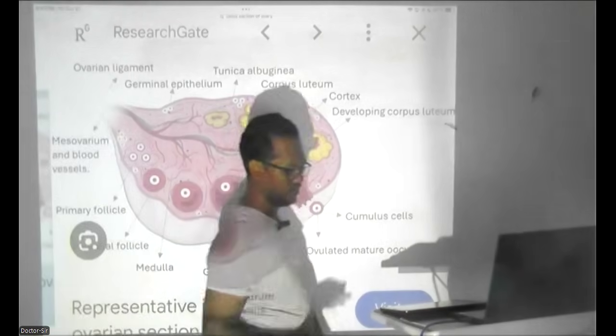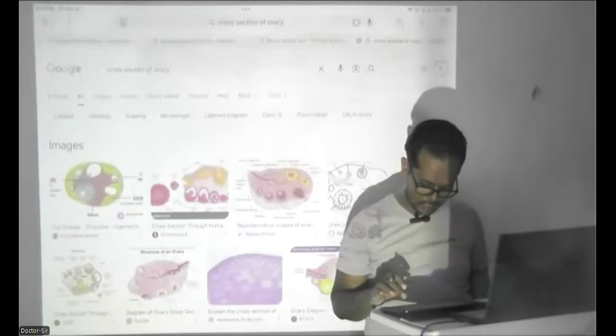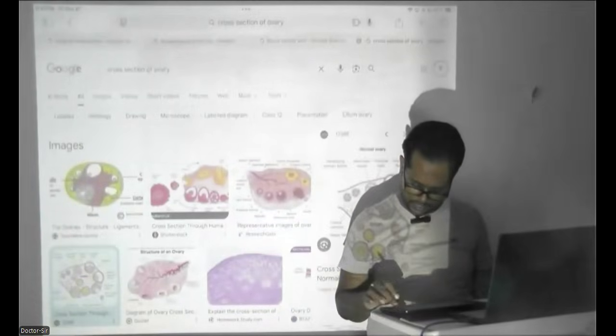I think this image is not very clear, so I will take another image.